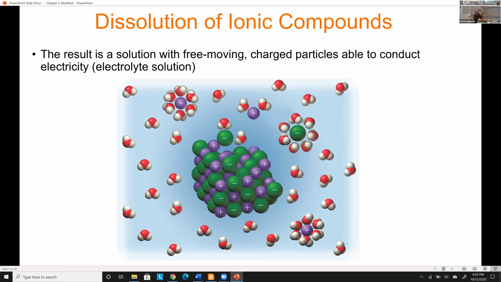So what will happen over time is if you put a salt crystal into water, even if you don't excite the water at all (stirring it around makes it happen faster, as does changing the temperature or the pressure), but even if you just leave it there, the negatively charged oxygens will gang up and attack the positively charged sodium ions, ripping them away from the rest of the salt crystal. So that's how dissolution happens for soluble ionic salts.